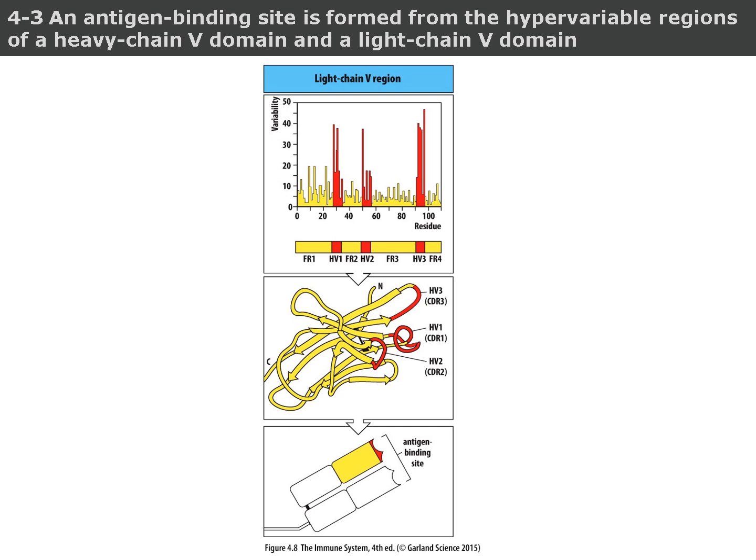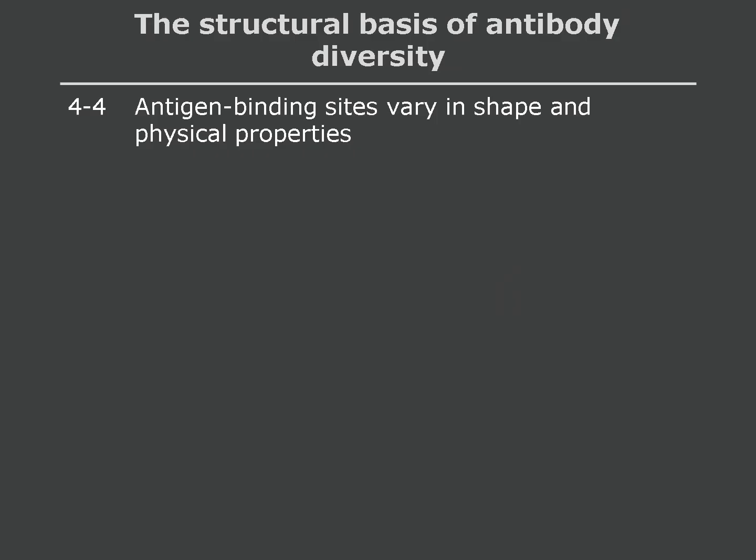Finally, in the bottom panel, we observe how the antigen-binding site is formed. It results from the combined contribution of hypervariable regions from both the light chain and the heavy chain variable domains. These regions come together to create a highly specific surface that recognizes and binds to a particular antigen.